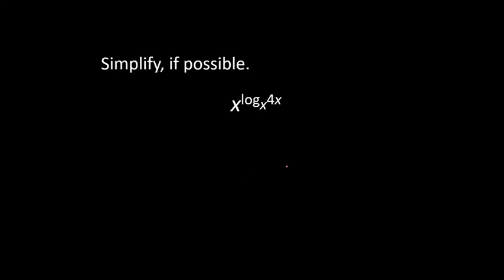All right, let's look at another example. So if I've got x raised to the log base x of 4x, I can simplify this. Remember, I've got these identical values here and here.